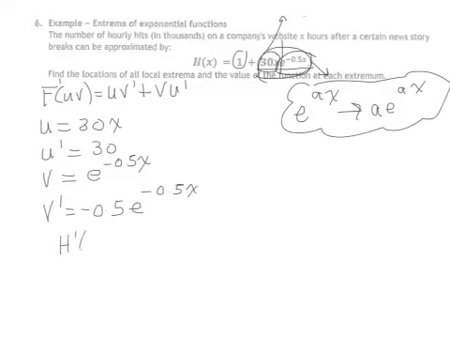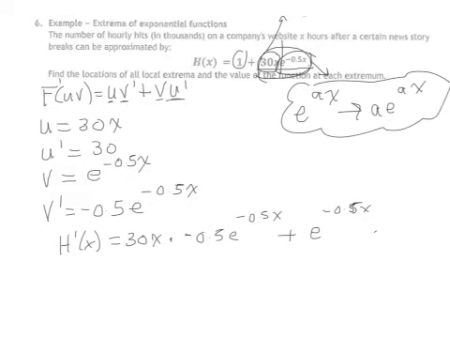Okay, so now if we put all of those back into our product rule for this function, we're going to have h prime at x is going to equal, okay, we've got u, 30x, times v prime, which is negative 0.5 e to the negative 0.5x, plus v, which is e to the negative 0.5x, times u prime, which is 30.